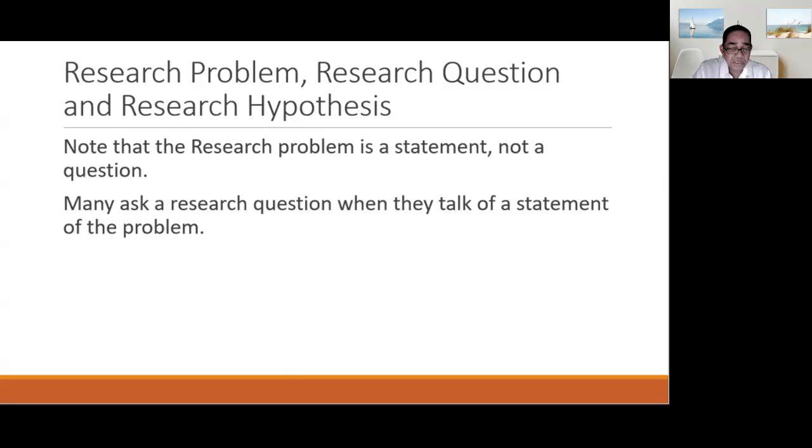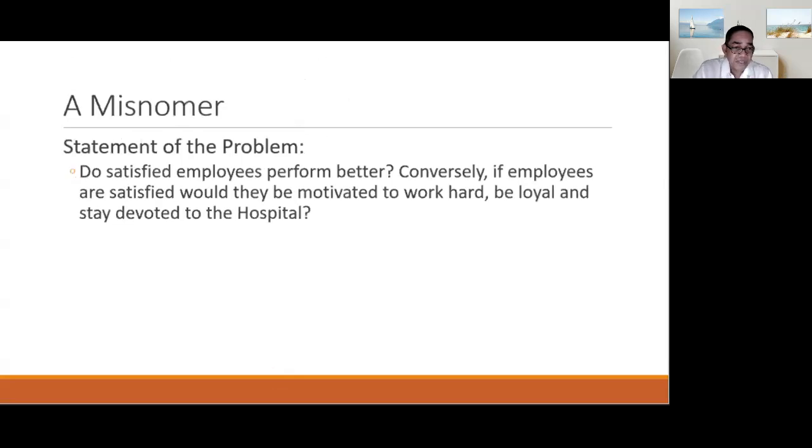This is an example. And I say this is a misnomer statement of the problem. The heading says statement of the problem, and then it asks a question. Do satisfied employees perform better?